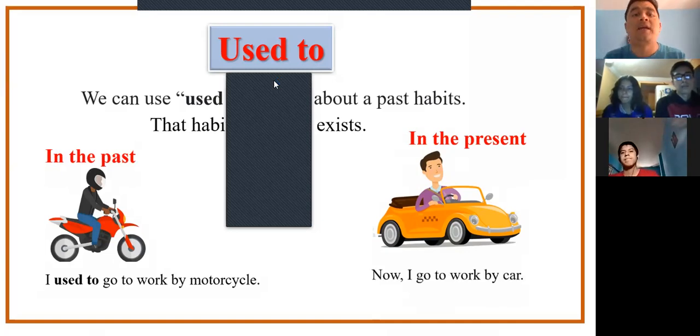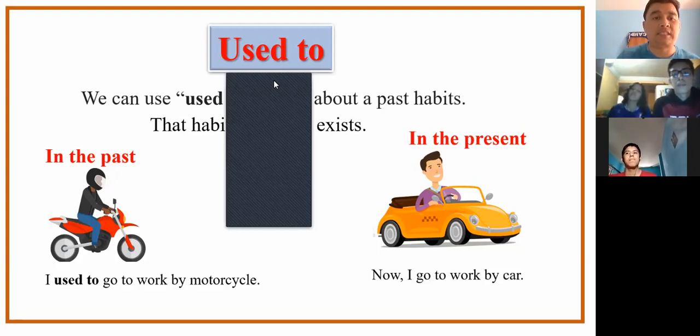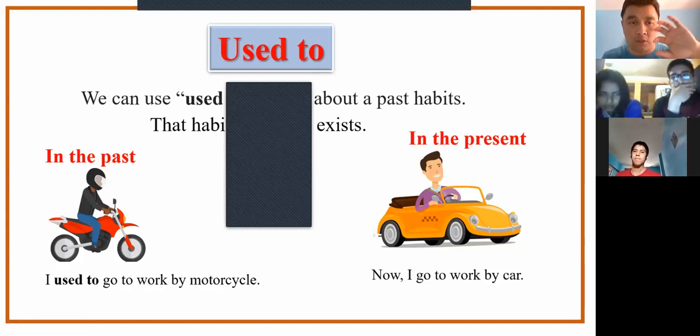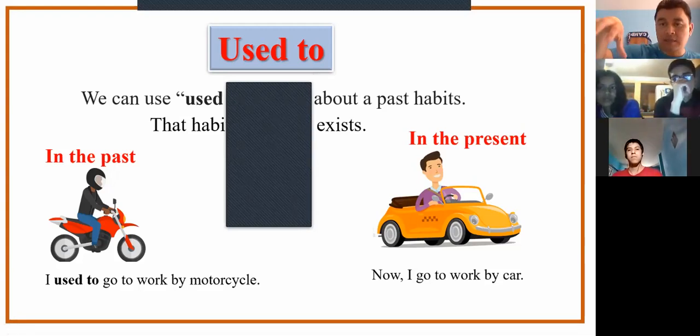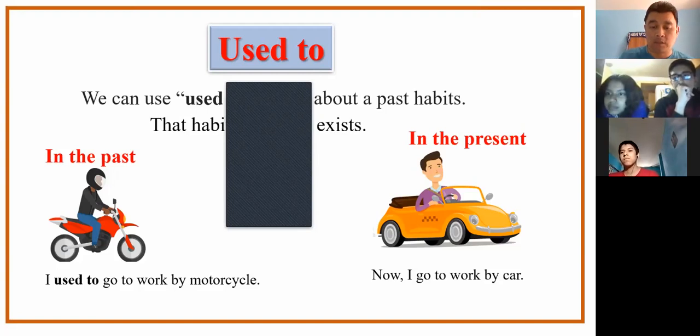Now I go to work by car. See? So in the past, I used to go to work by motorcycle, but in the present, I go to work by car. Good. So that's the correct use of used to talk about past habits that no longer exist, and the present, which is different. In this case, I go to work by car.